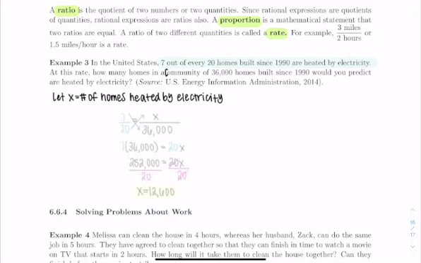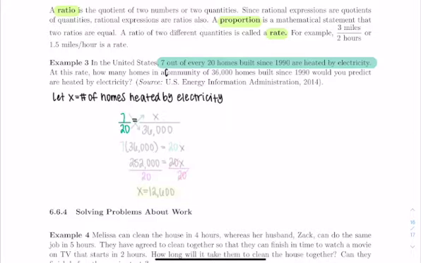We know one rate already that we can set this equal to. We know 7 out of every 20 homes built since 1990 are heated by electricity, and so we can write that as 7 over 20. This is the rate that we want to use to figure out how many in a community of 36,000 are going to be heated.